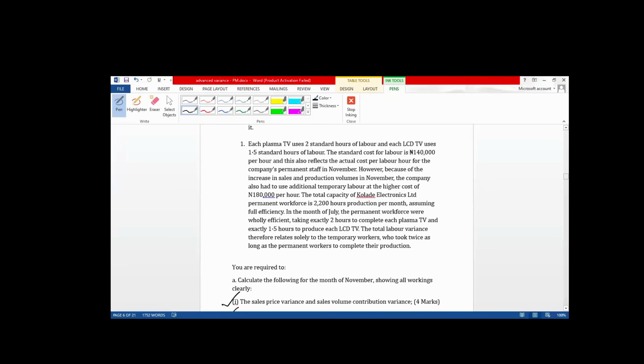The standard rate per hour is the same as the actual rate per hour for the company's permanent staff in November. Our plan is to pay 140,000 naira per hour, and we pay our permanent staff 140.